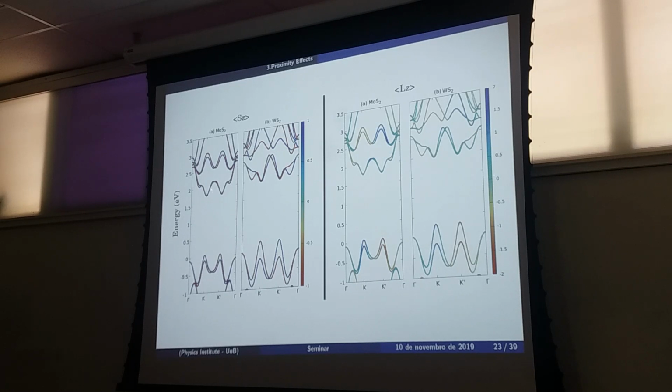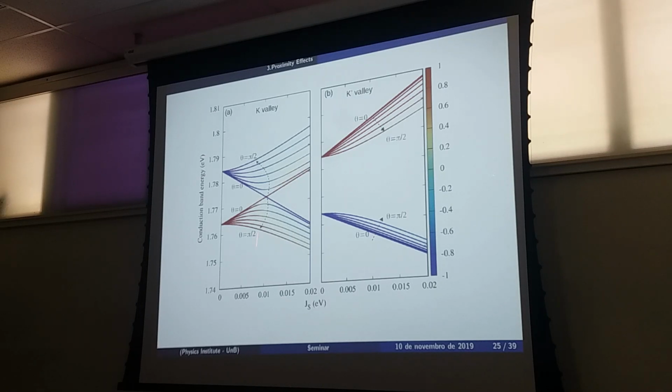We are looking now at a zoom in on this region and this region here, okay? So basically this is the K value, K prime value. And here we are changing the angle of magnetization and changing the value of the exchange term or the Zeeman term. That's interesting because if you put it out of plane, you have some crossing.